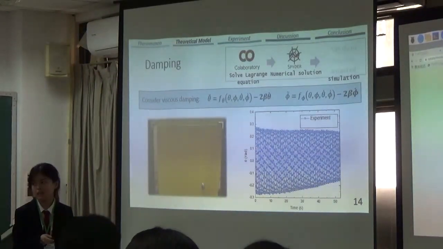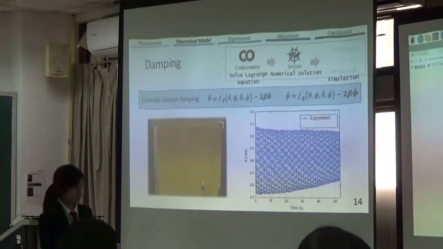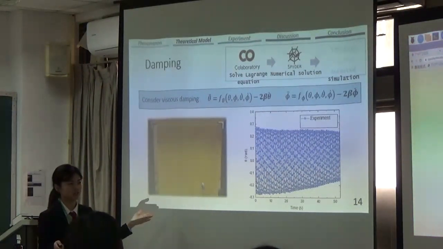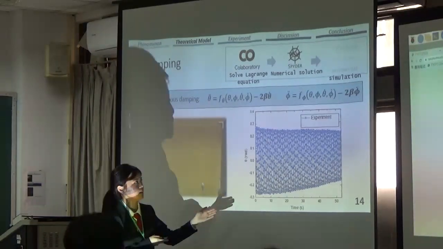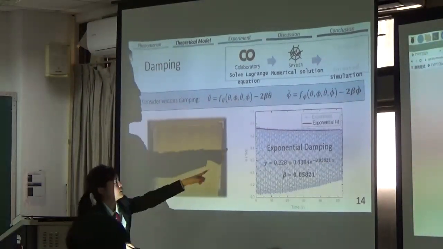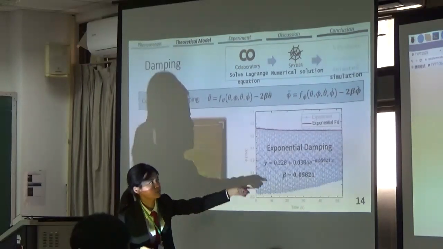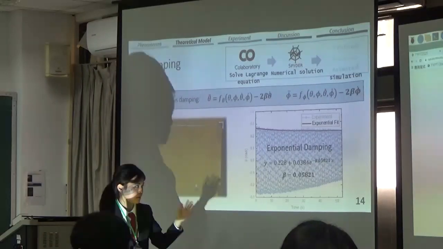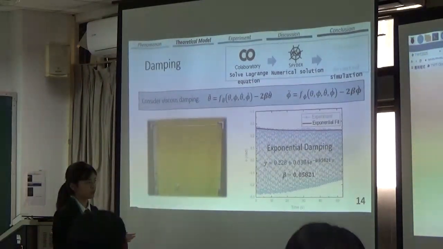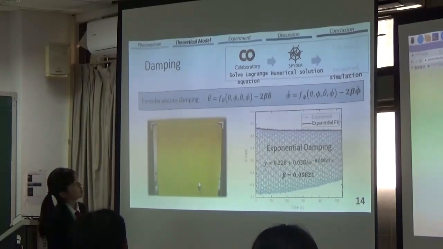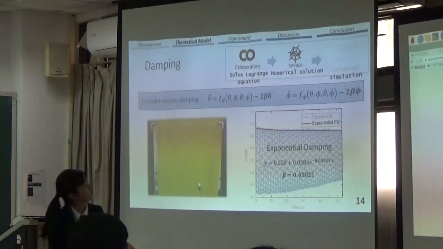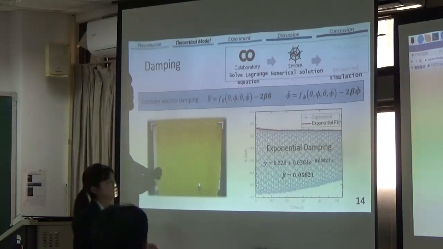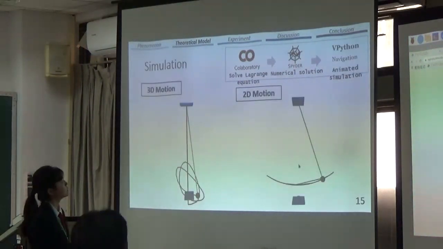So about damping, because there will be damping in this simple pendulum, we fitted a line according to the experimental data, and the damping equals 0.058. We use Mathematica to solve the Lagrange equation and Spyder for the numerical solution.